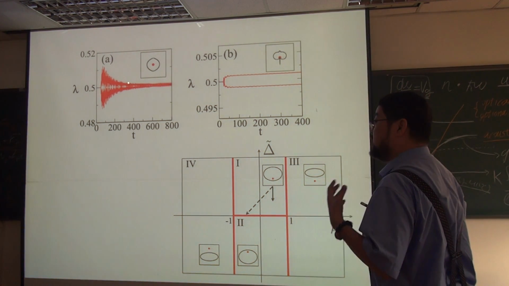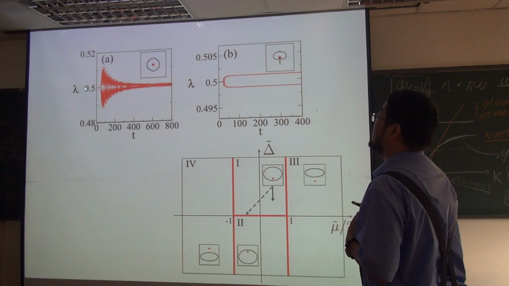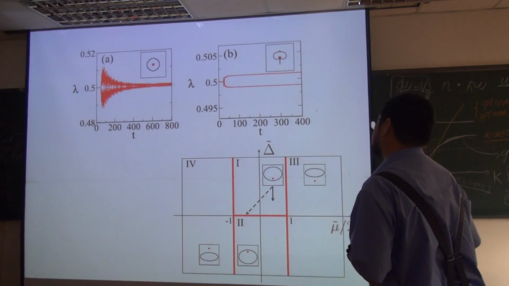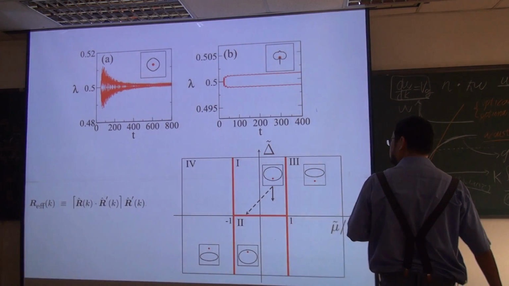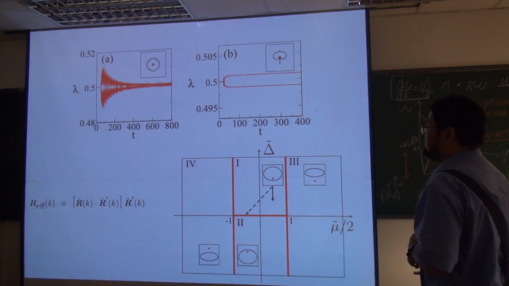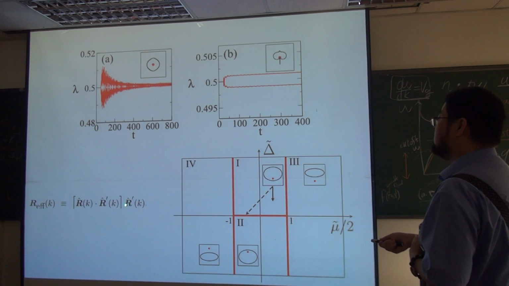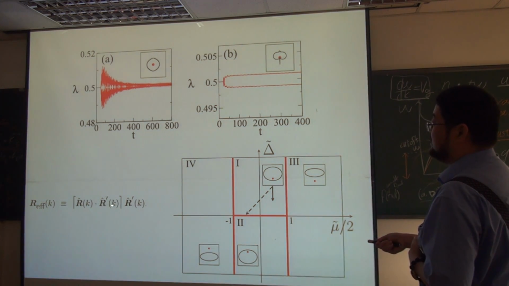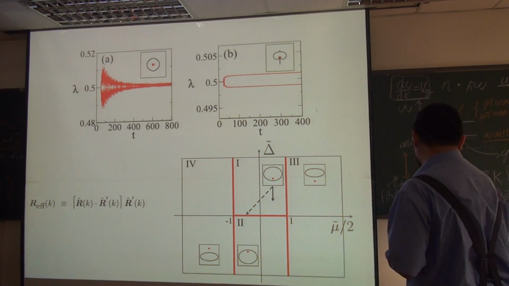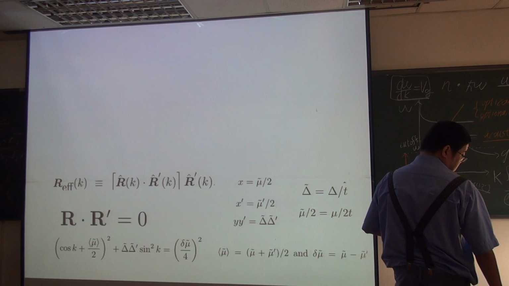So you recreate a Majorana fermion in the infinite time. And it always depends on this effective R. So this effective R depends on initial R dot final R, and this is a final vector.